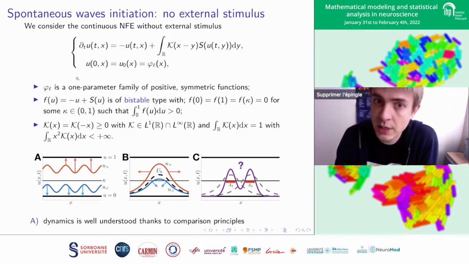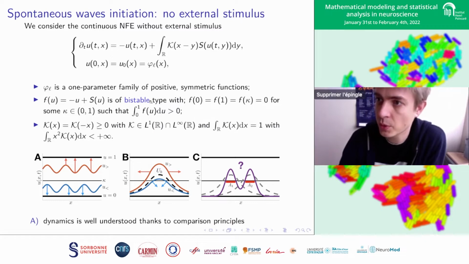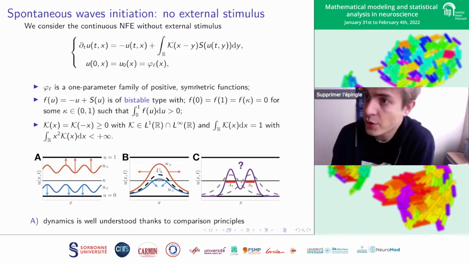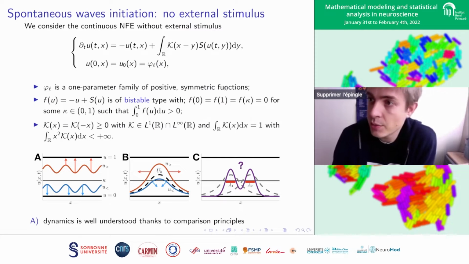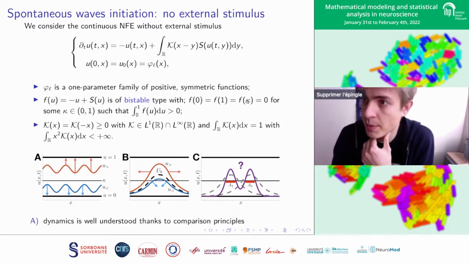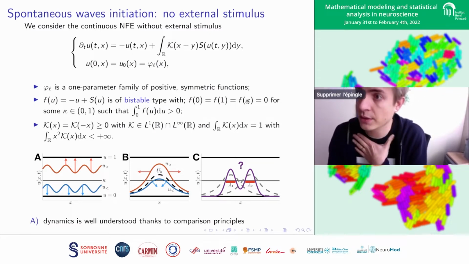What is more important is that for the internal dynamics of the system, I'm assuming that it's of bistable type. What I mean by bistable type is that there exist three homogeneous equilibria that I will denote 0, 1, and kappa. 0 and 1 will be the stable ones, and kappa will be the intermediate one that is unstable.